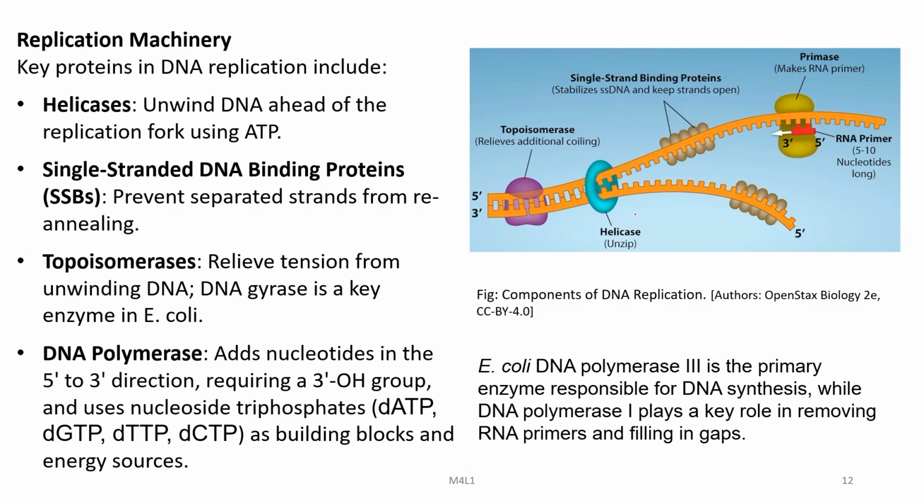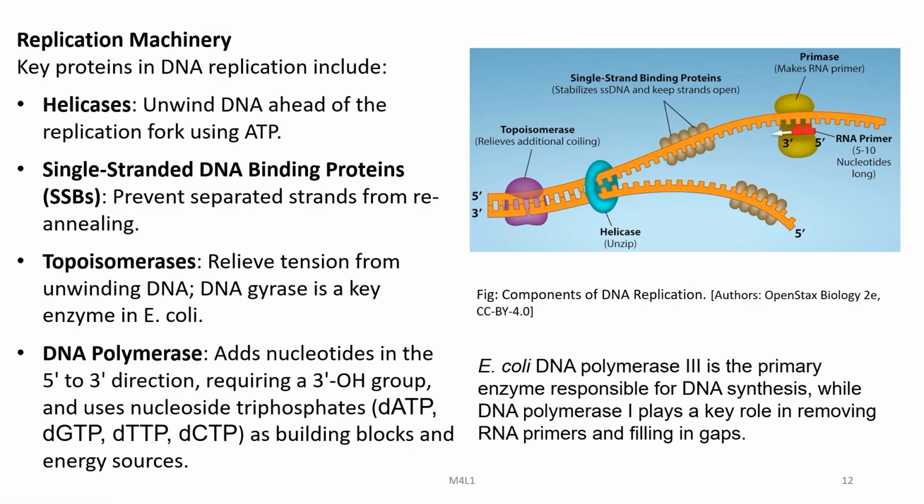They unwind DNA ahead of the replication fork. So, here is the replication fork, as you can see, and the helicase is unwinding the DNA ahead of this replication fork. Since this is trying to open up DNA, it is an energy consuming process. That energy is supplied by ATP.